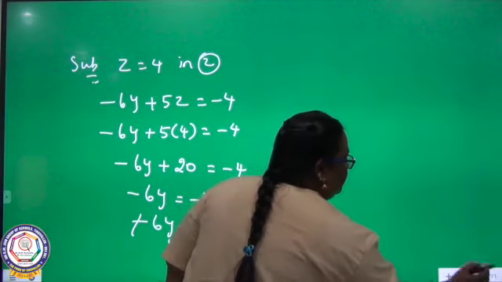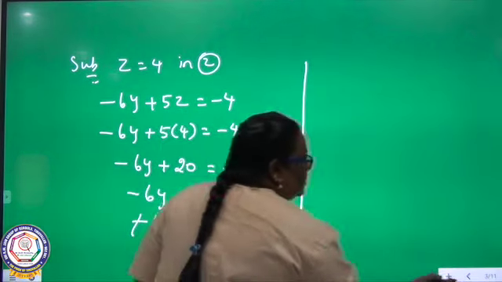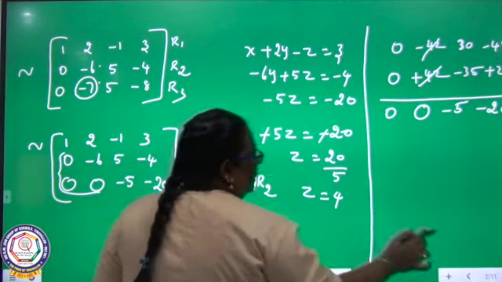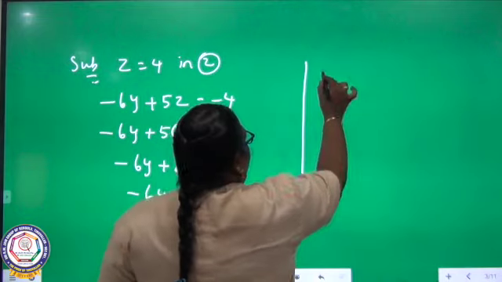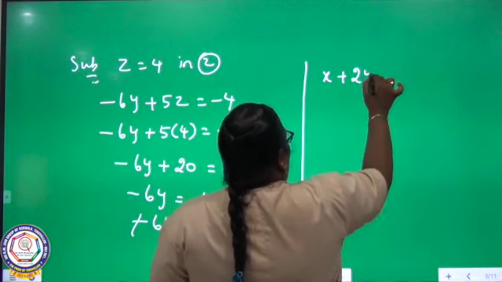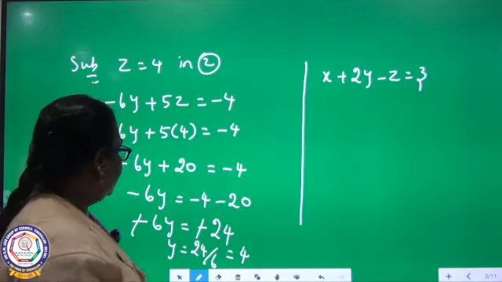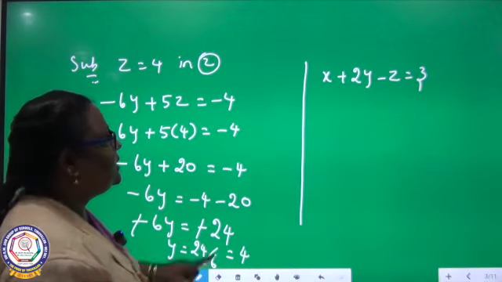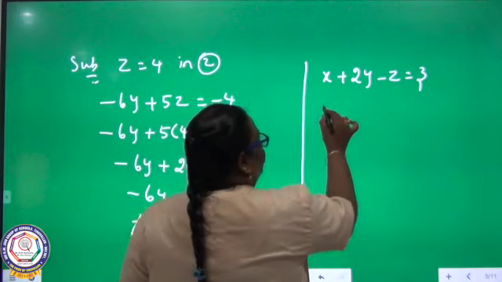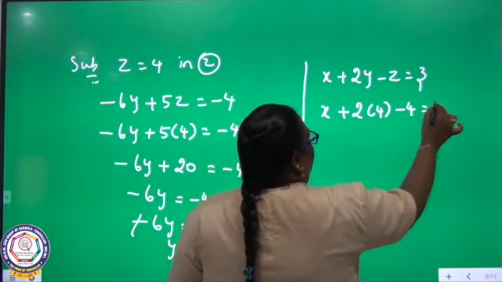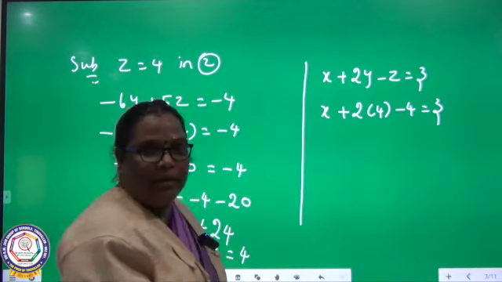Then substitute in the first equation: x plus 2y minus z equal to 3. Substitute y value equal to 4 and z value equal to 4 in the first equation. x plus 2 into 4 minus 4 equal to 3.